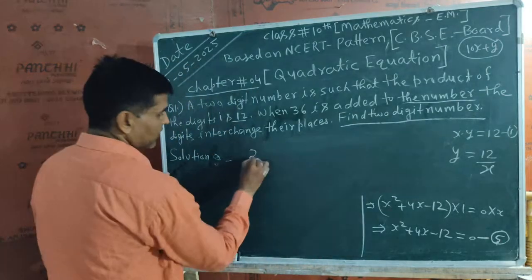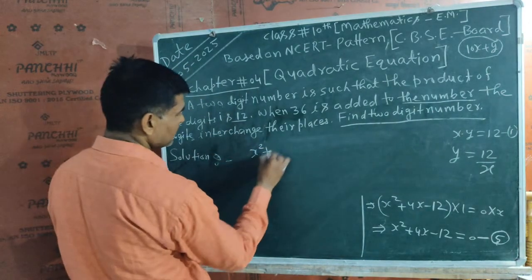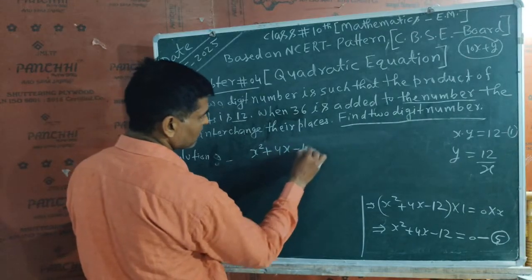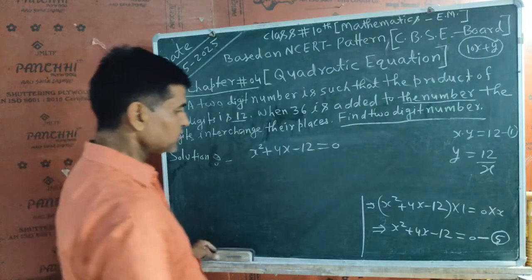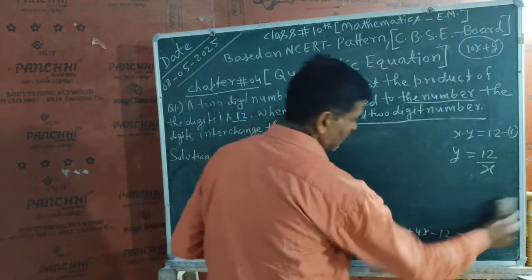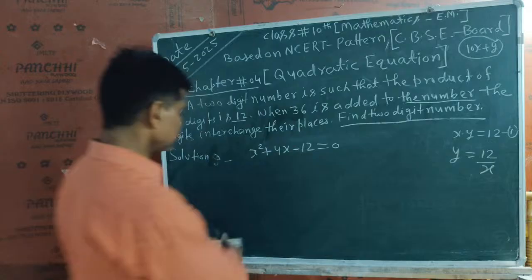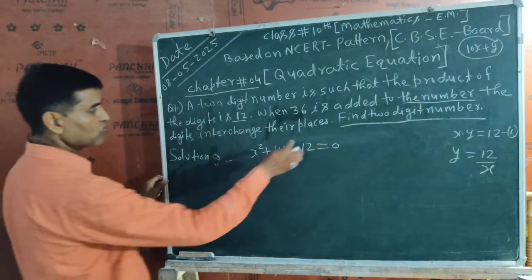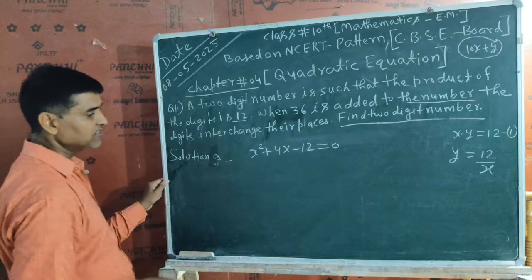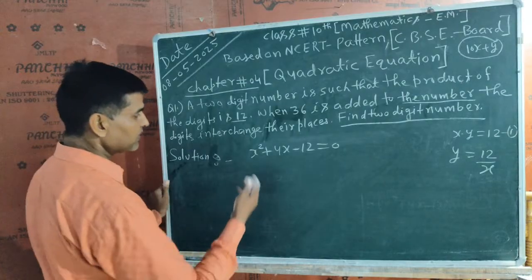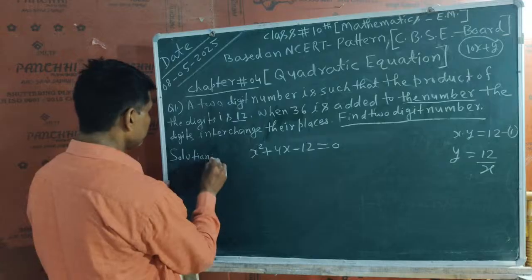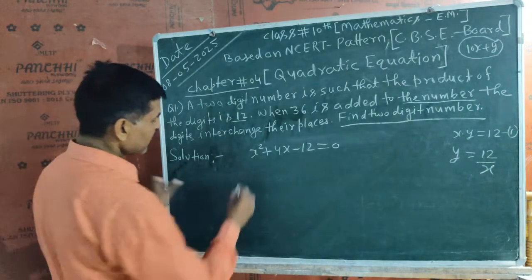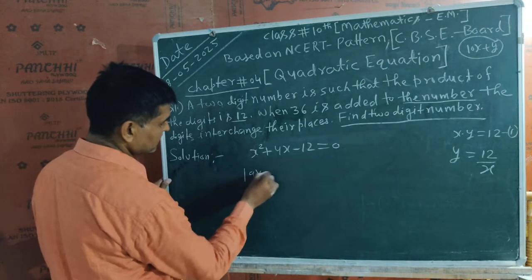Now here I have to write x square plus 4x minus 12 which is equal to 0. Now here we have to find its factors. After getting its factors, I will say whether the roots of the quadratic equation will be real, imaginary or equal. That will depend on the required information. So here I have to calculate a into c.